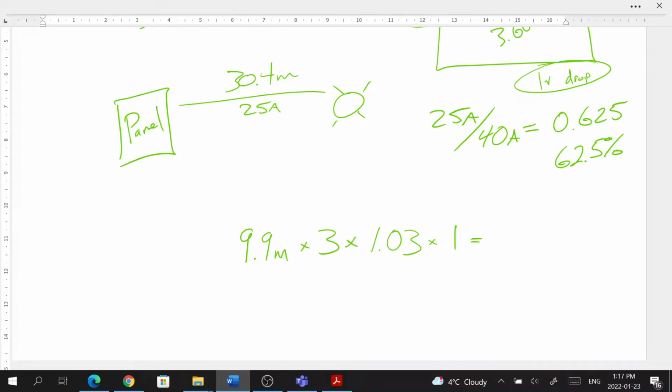This is going to give us the length that we can run that particular load from the distribution panel. So 9.9 times 3 times 1.03 times 1 equals 30.591 meters.